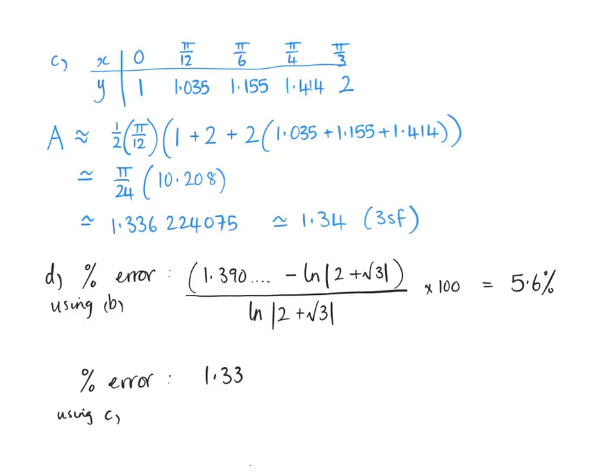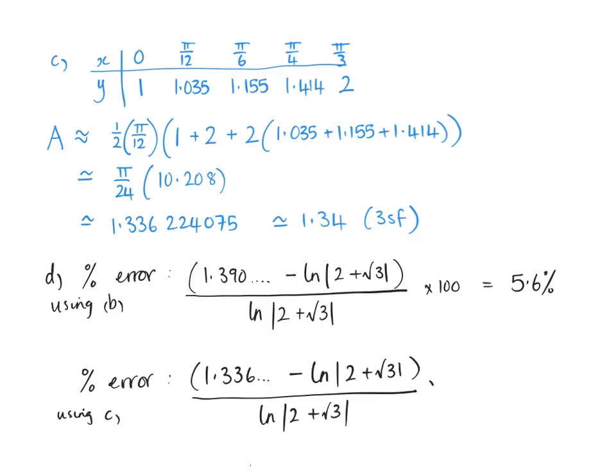I'm taking the area that we worked out for that one, take away the actual area, so that'll give us the difference that it's over, and then divide by the actual area, multiply by 100 to convert it, and indeed that's much smaller, it's 1.5%.